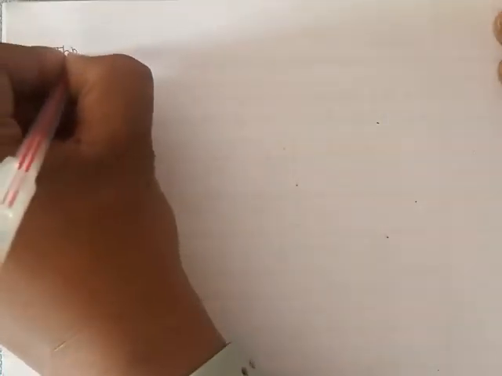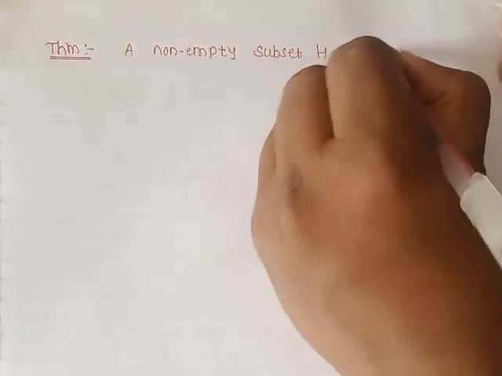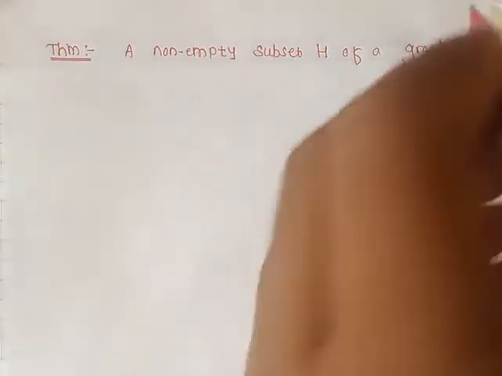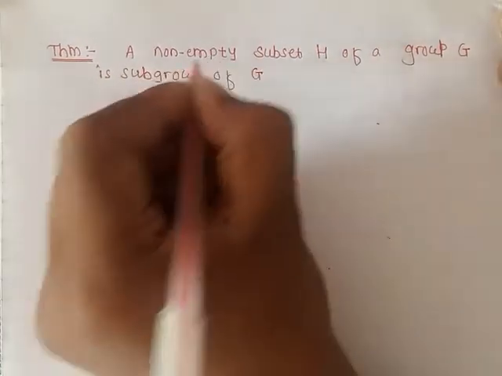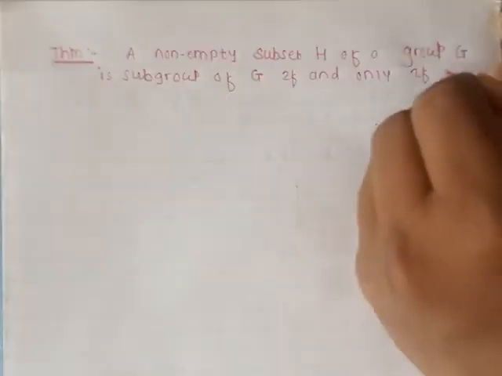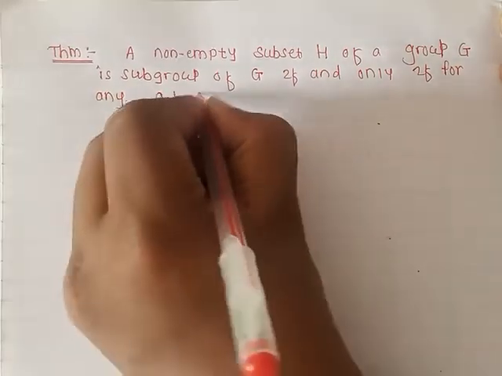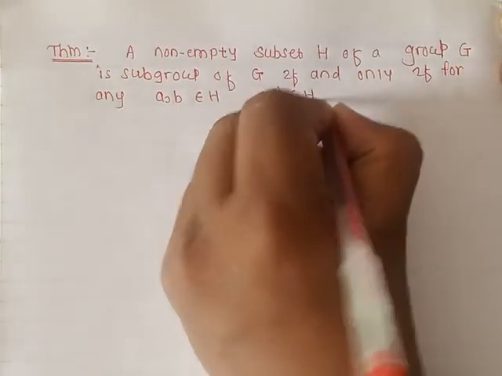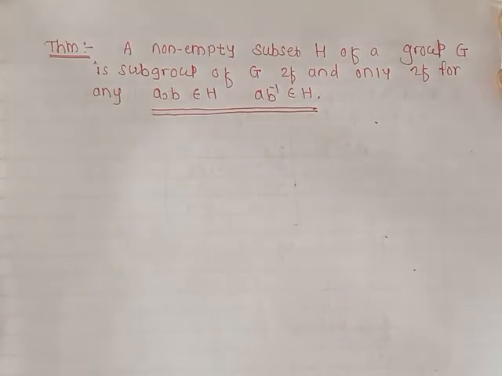That theorem says that a non-empty subset H of a group G is a subgroup of G if and only if for any a, b belongs to H, a b inverse belongs to H. If this condition is satisfied, then we say that H is a subgroup of group G.